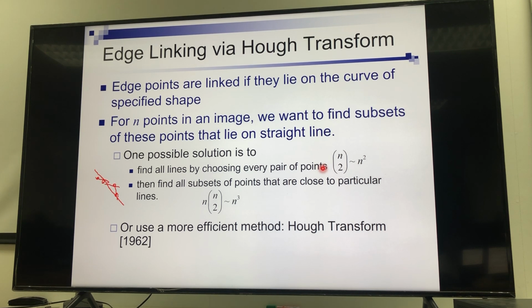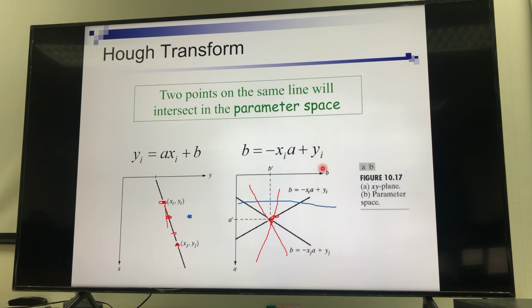Hough says there are two parameters for the straight line, for example, y equal to ax plus b. This is an equation for the straight line. Every single xi and yi on the same straight line got to have the same value of a and b.